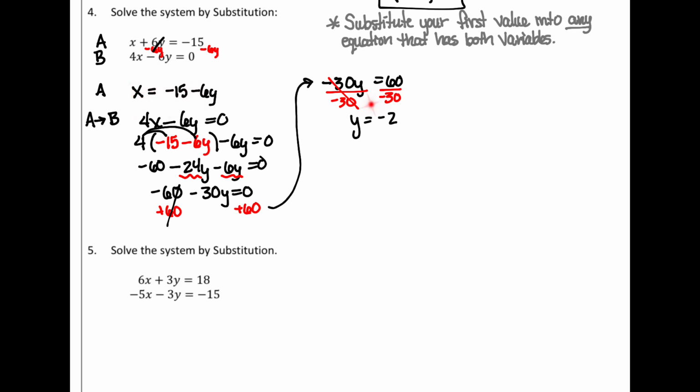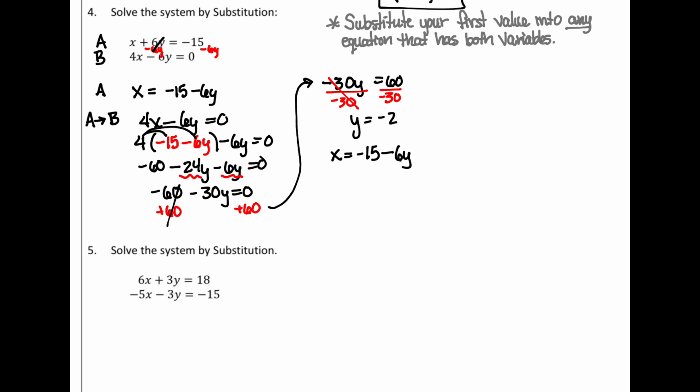Because now if I substitute y in for y, all I have to do is simplify this side and I get x. So this is the one I'm going to choose to substitute it into. That's the one that I'm going to write next so that I can substitute.